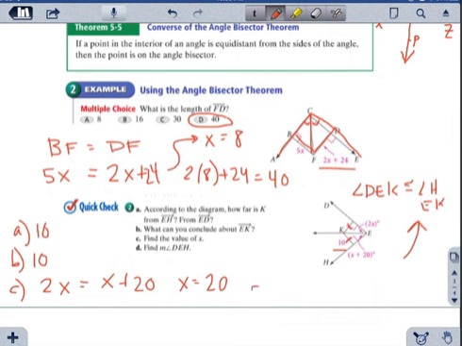And finally, for part D, we're asked for the measure of angle DEH. Since half of that angle was 2x, I know that twice 2x will give me the full value of that angle, and that'll be 80 degrees.